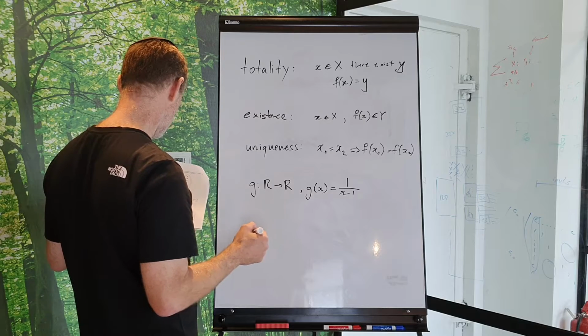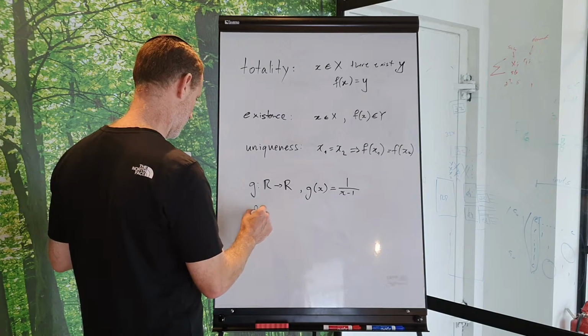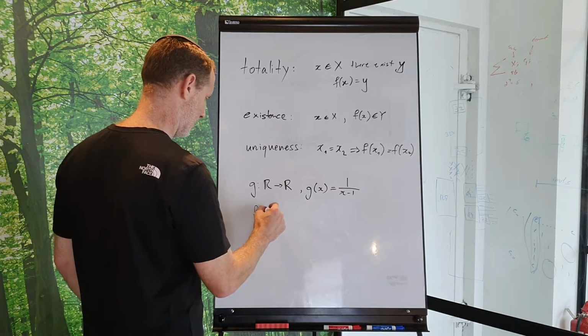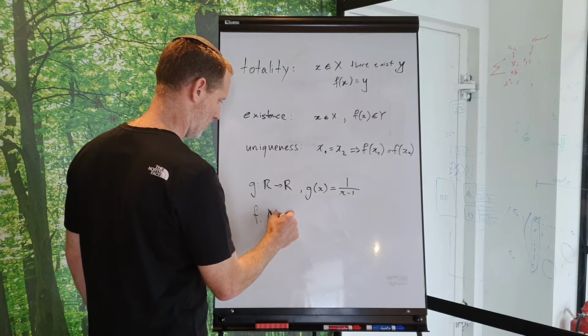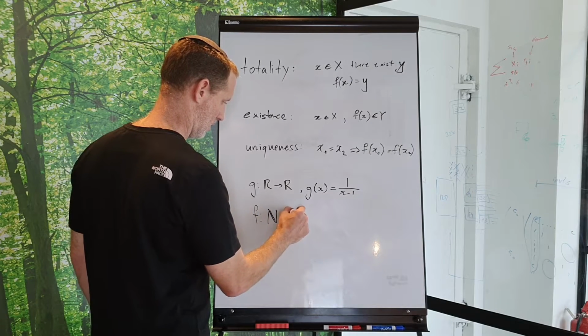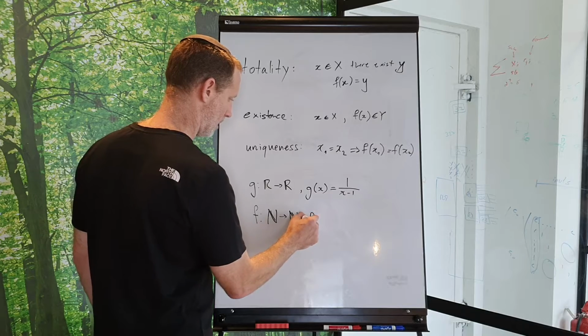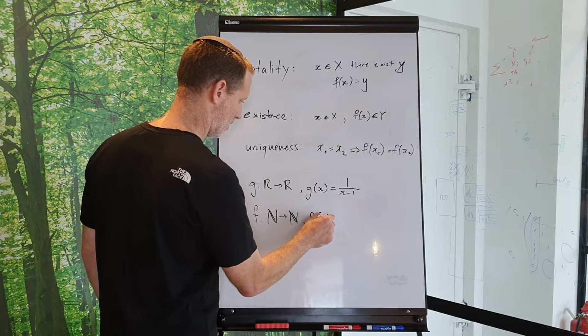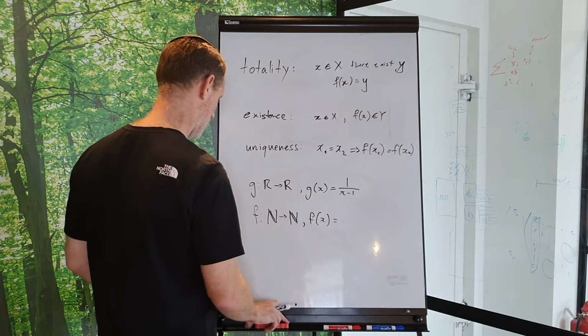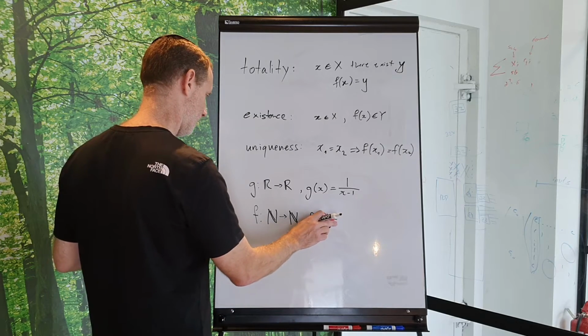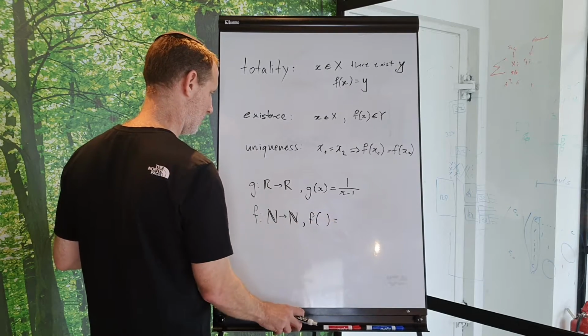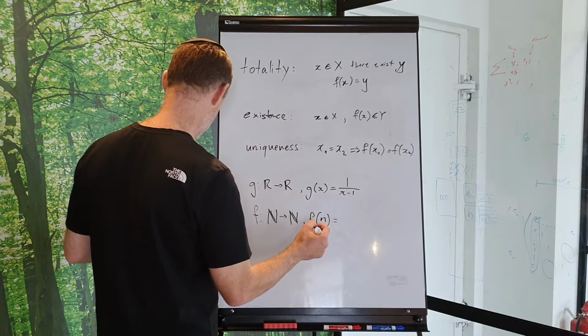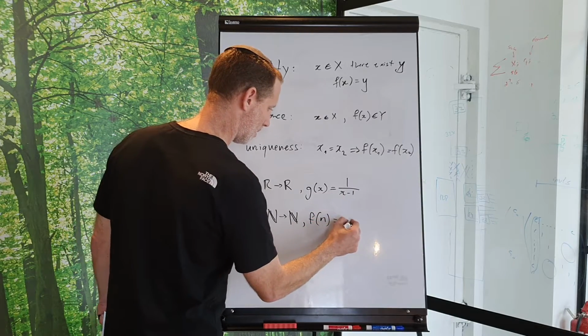Existence is very similar. Let's define f from N to N, with f of n equaling n minus 1.